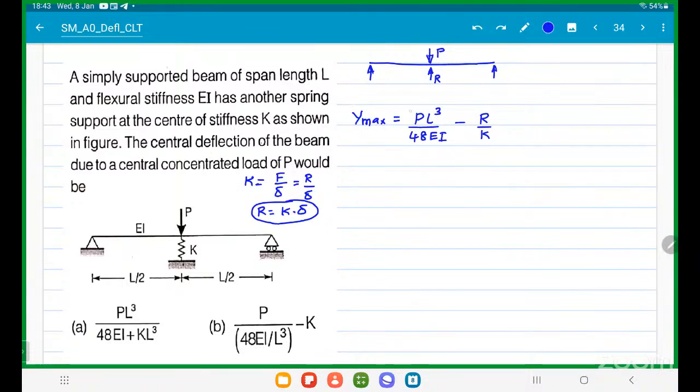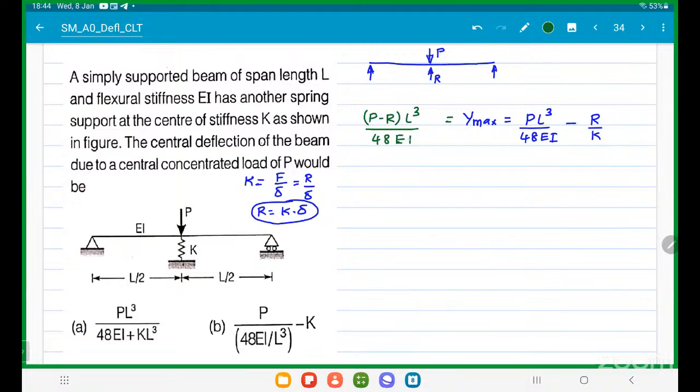You can say these are individual deflections. This is equal to (P minus R) L cube by 48 EI. Is it correct?